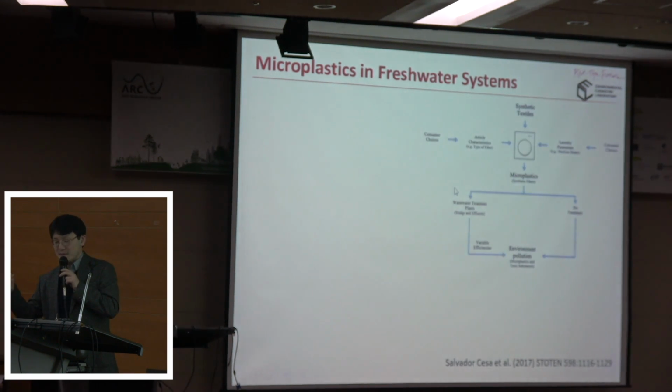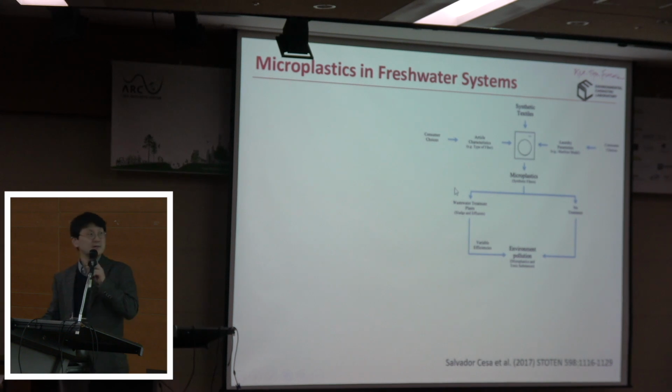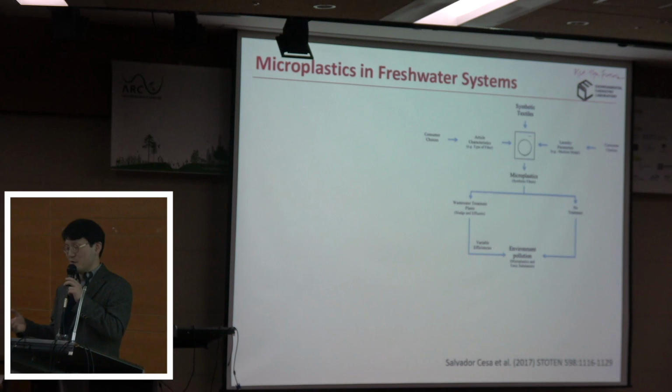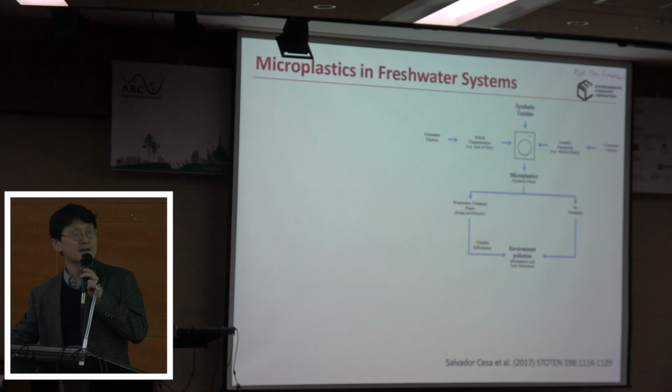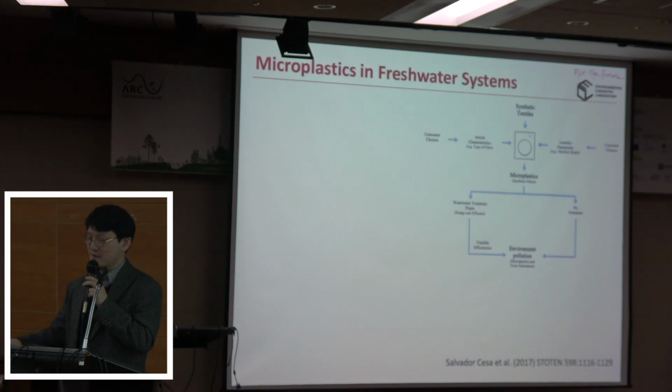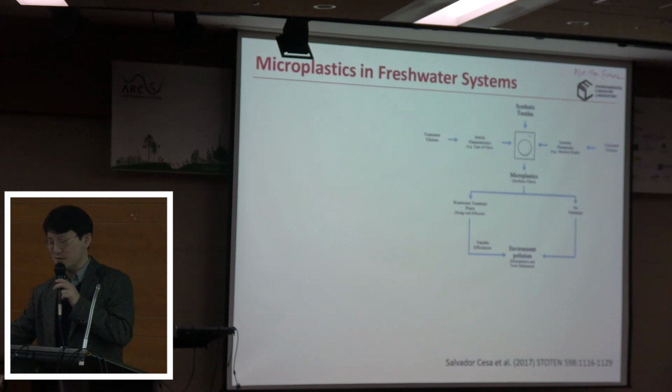One example is the washing machine. In our modern society, we use home washing machines to clean our clothes, and most of our clothes are made from synthetic fibers. Using washing machines results in a large load of synthetic fiber, which is not easily biodegradable in typical wastewater treatment plants.